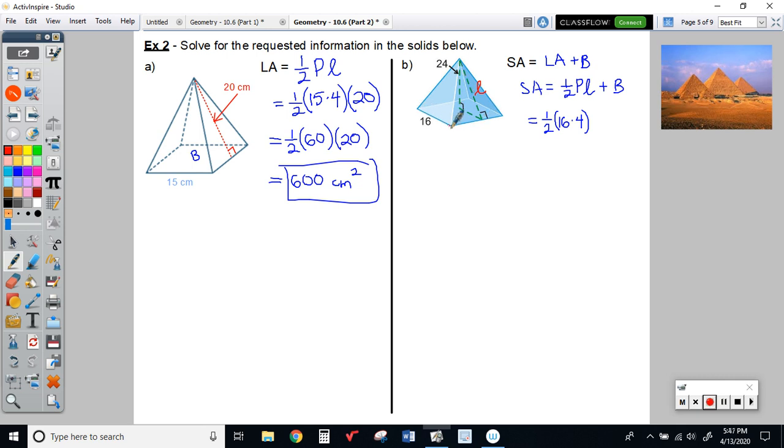But if this is 16, and we're assuming this is a regular pyramid, there's nothing that's oblique or slanted in any way about that. Safe assumption unless you're told otherwise with these kinds of problems. If that's 16, then from here to here would be 16 as well, and then this would be the midpoint of that. So that would be 8 right there. So that is a safe assumption right there.